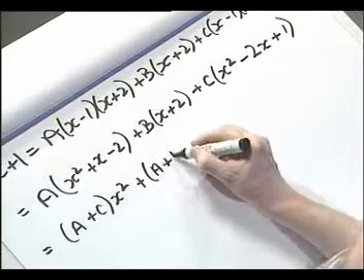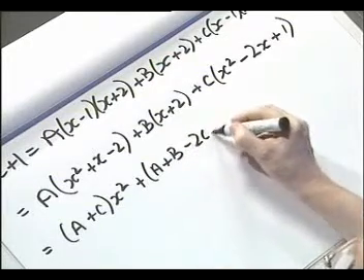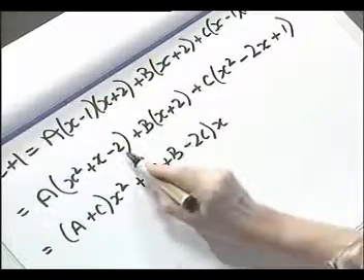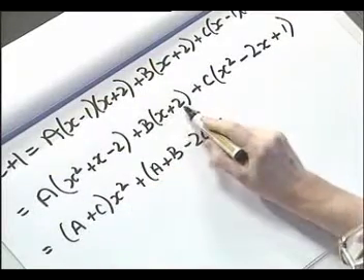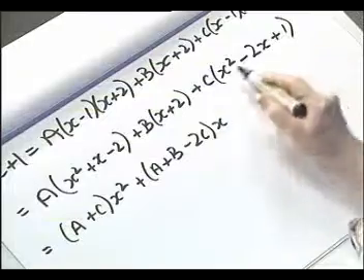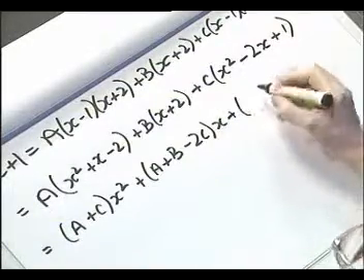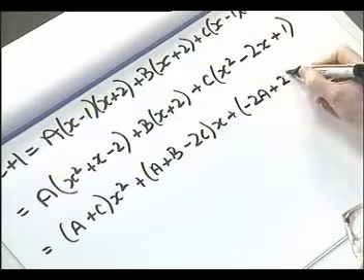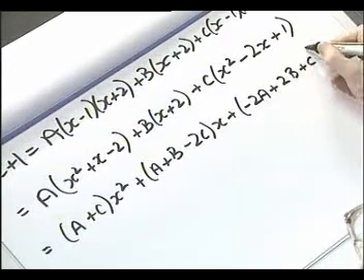A plus b minus 2c times x. And finally we have minus 2a, 2b, and c. So the constant becomes minus 2a plus 2b plus c.